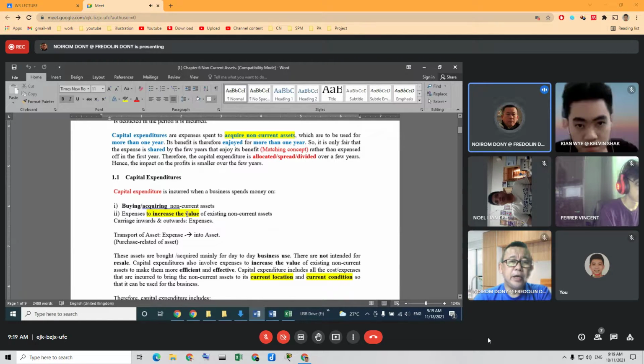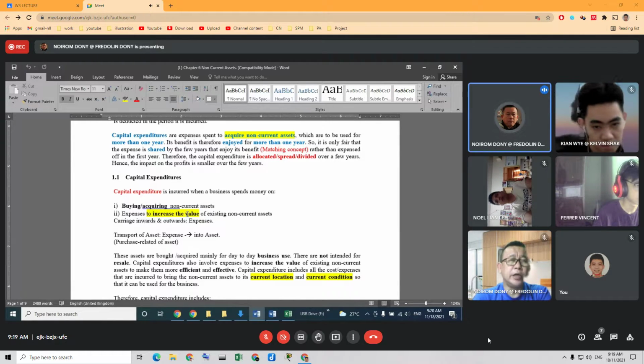Okay, increase the value, meaning these are all the incidental costs. Incidental costs meaning costs that you have to incur in order to bring the non-current asset to the business premise. Let's say machinery.